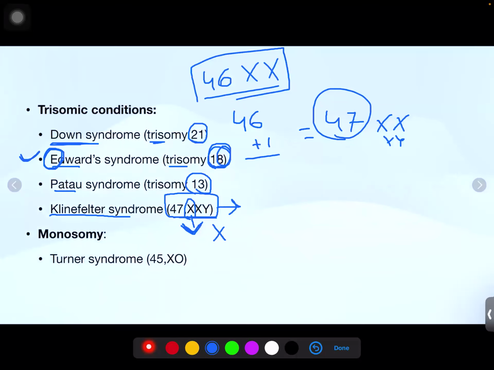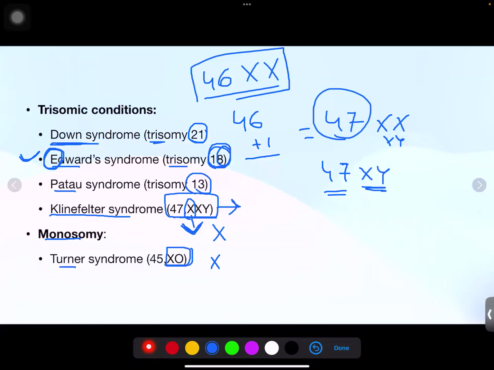Like if they ask what is the karyotype of male Edward, male means XY, because there is no abnormality in sex chromosomes. So XY for male. And in Edward, there will be 47 chromosomes. Okay, so in monosomy, one copy is missing. In Turner syndrome, it's very important that one X is missing.